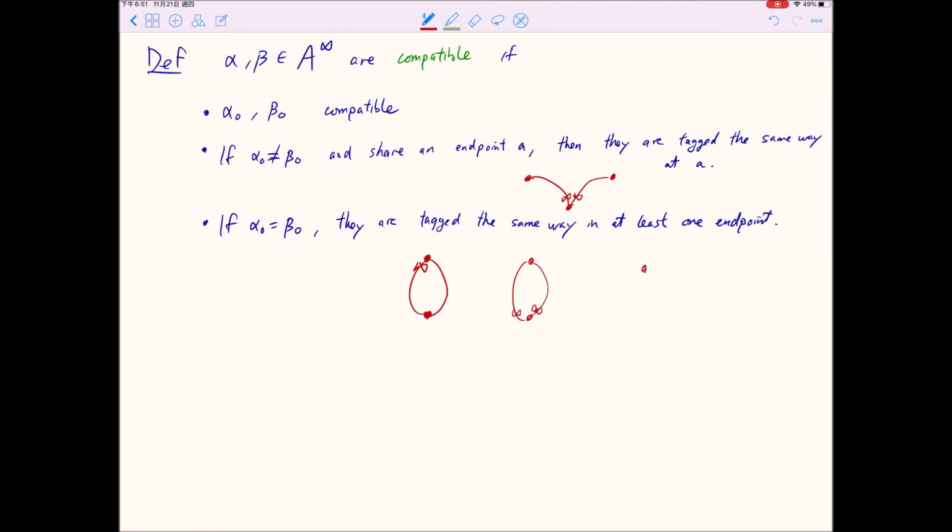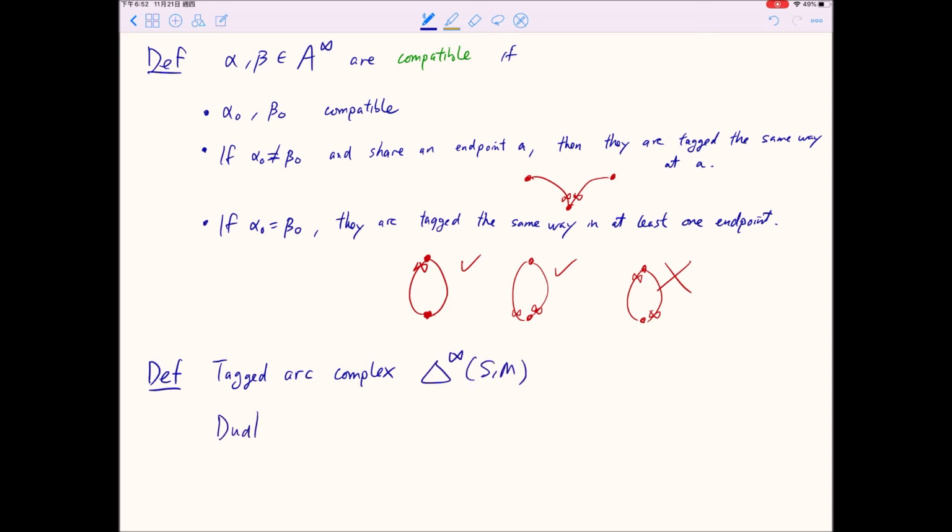But you cannot have a situation like this. So we define the tagged arc complex as before. We denote this by the bow tie and then the dual graph. And the maximal simplex will be called the tagged triangulation.